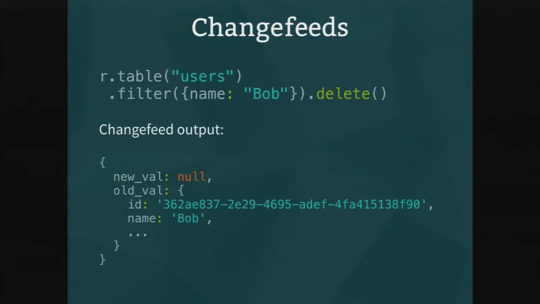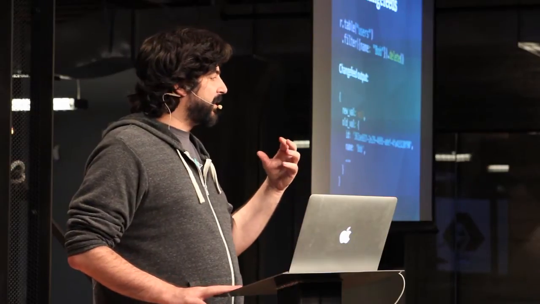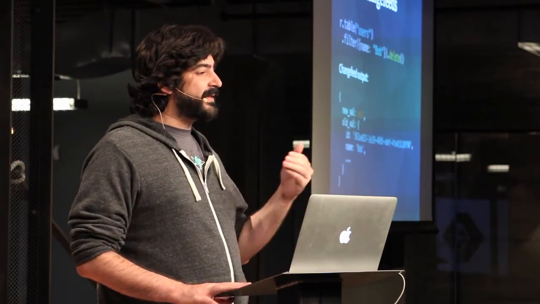What you would get out of that change feed is this JSON object with new_val and old_val. The new_val is the updated value, and old_val is the previous value. In the case of deletion, new_val ends up being null because the record doesn't exist anymore. If you were adding a record, it would be the other way around. The new_val would be the record, and the old_val would be null because there was no pre-existing record.